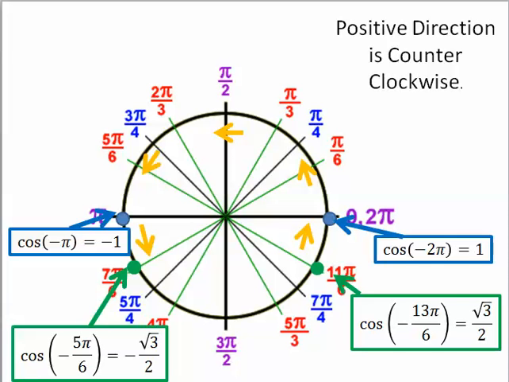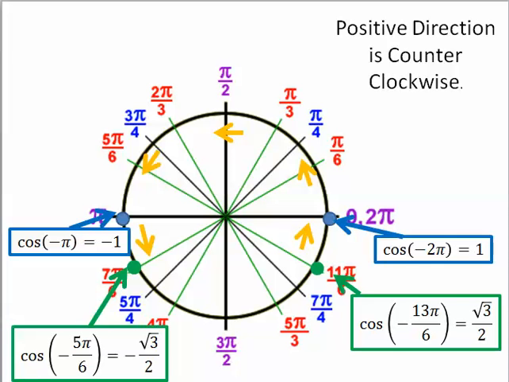Cosine of negative 2 pi is the same as cosine of 0 and cosine of 2 pi, which is 1. Cosine of negative pi is the same as cosine of pi, which is equal to negative 1.